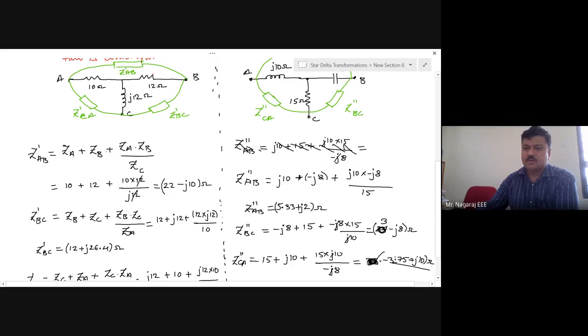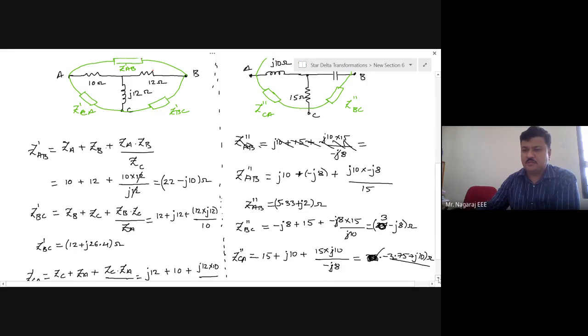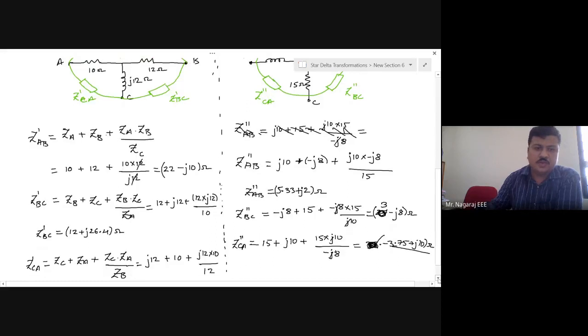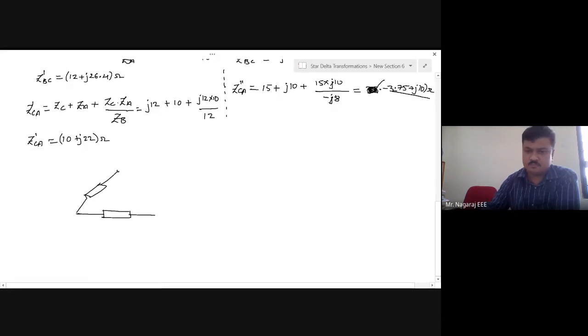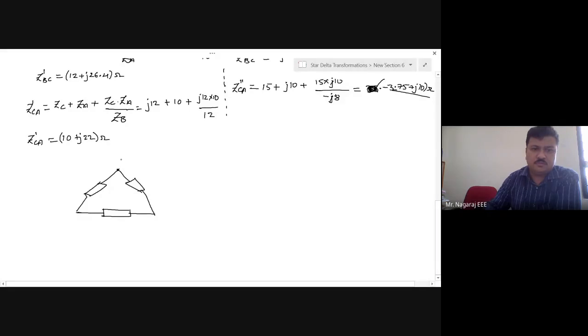Okay. So now I should be connecting these two values in delta. Let this be A, B and C. So ZAB dash is 22 minus J10.